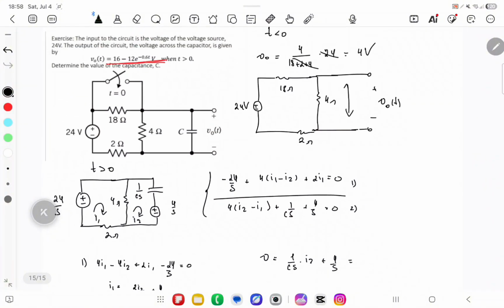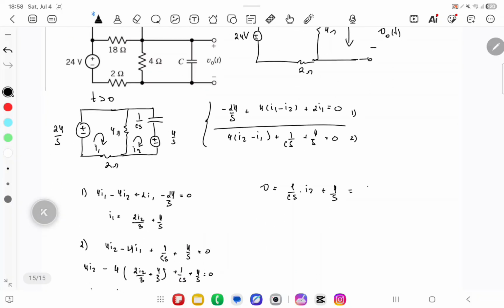So if we represent V0 in the S domain, we will get 16 over S minus 12 S plus 0.6. So this whole thing is equal to 16 over S minus blah blah blah.